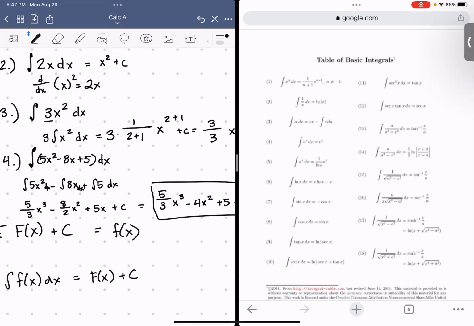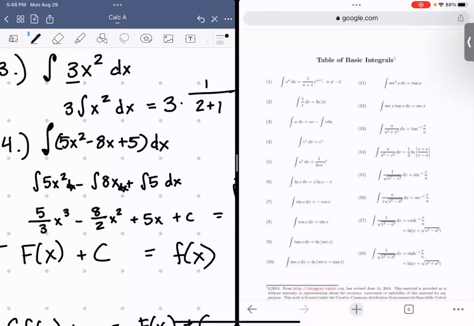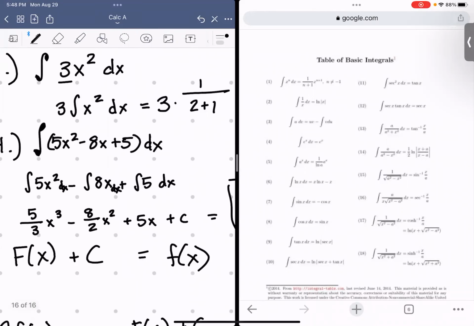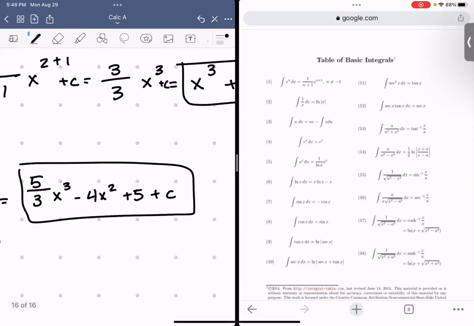Basically, I just used the first equation in the table of basic integration. I separated each term, isolated it, and found the integral of each single term. Then I simplified further to get my final result, which is 5 over 3 x cubed minus 4x squared plus 5 plus c.